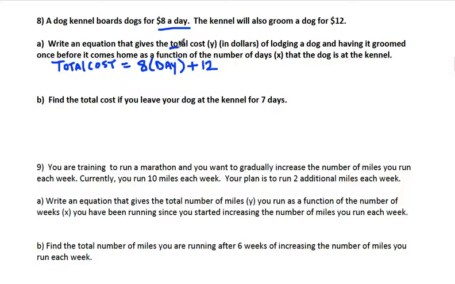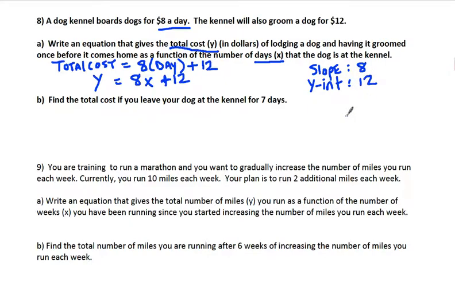So we're told that our total cost is Y and that the number of days is X. So we have a linear equation here. We've got a slope of 8 and a y-intercept of 12. So, you could graph that if you wanted to, if you were told to in a different problem.